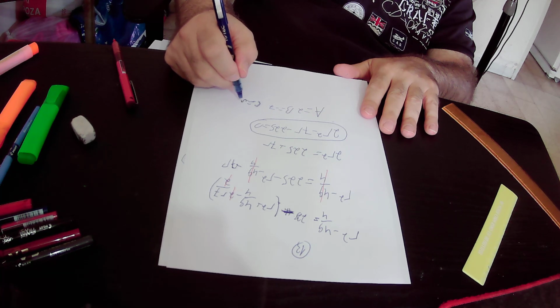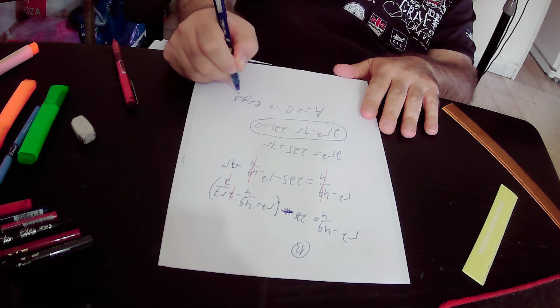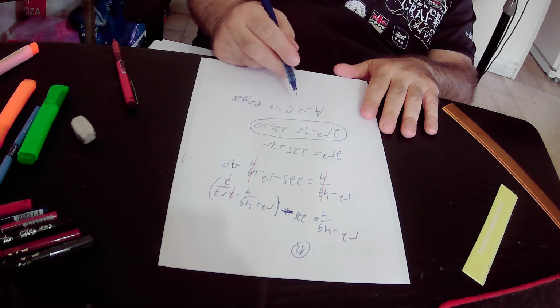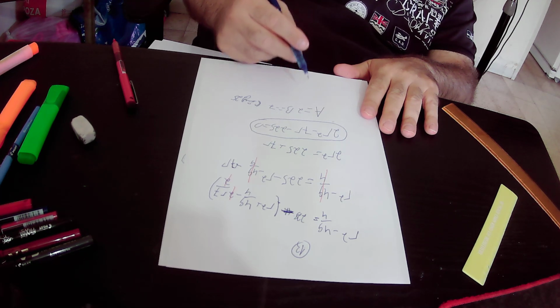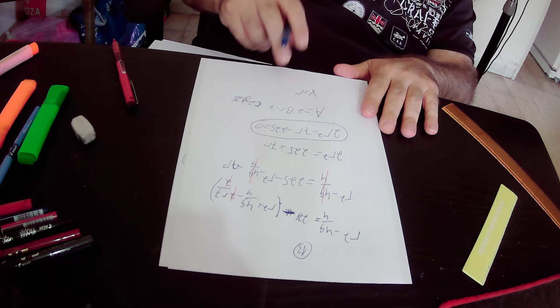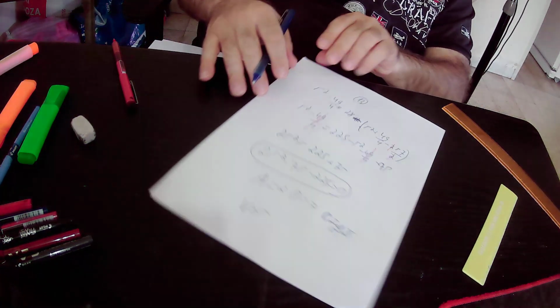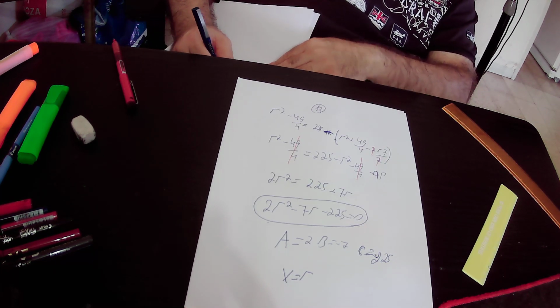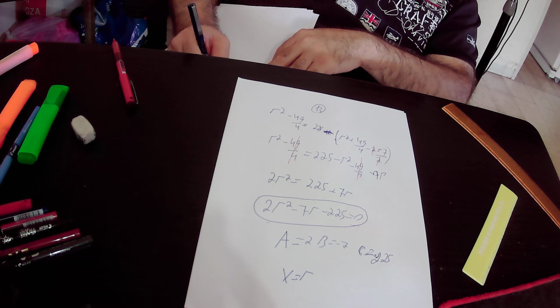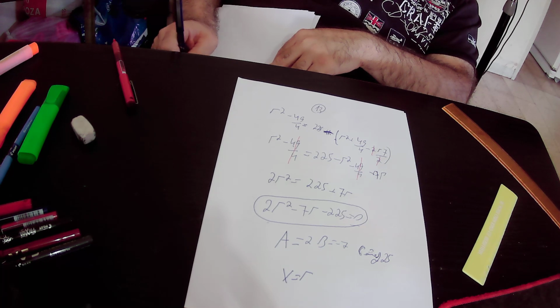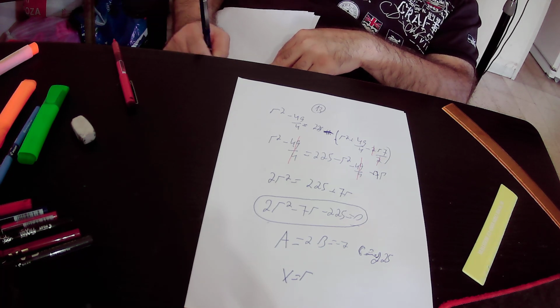C equals minus 225. Actually, the variable of this quadratic equation is also x equals r, because the general formula for a quadratic equation is ax squared plus bx plus c equals 0.